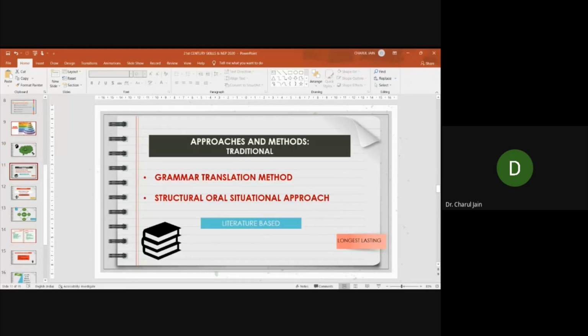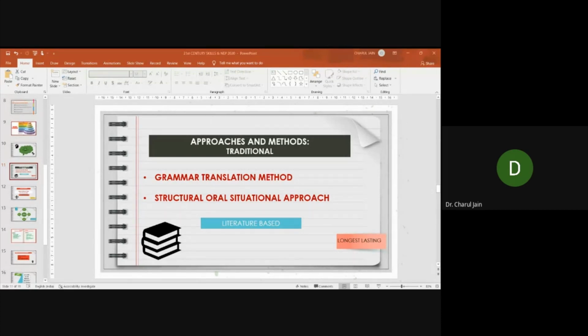And I would talk a little bit about how the previous approaches to teaching language focused much more on accuracy. We had the grammar translation method and structural oral situational approaches, which were highly based on literature, and they inculcated accuracy in us.